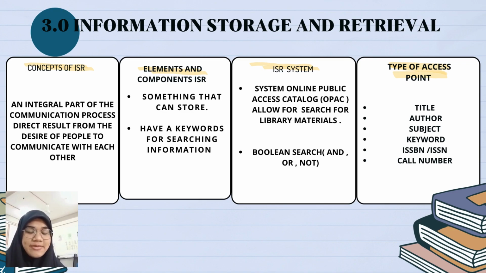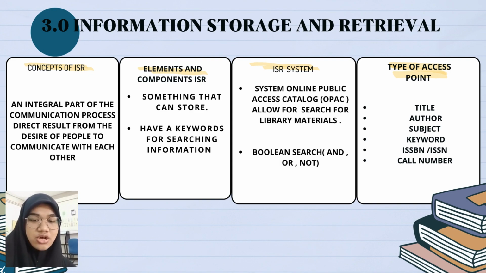So the types of ISR are such as title, author, subject, keyword, ISSN, and call number of the material collection. So that's all from me. Next, I will pass it to my friend.